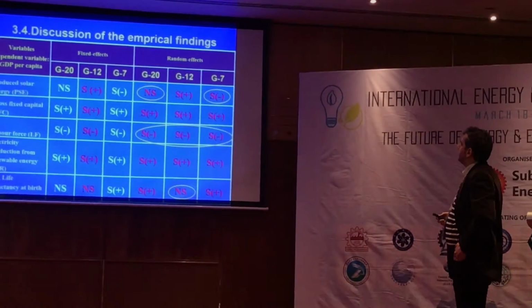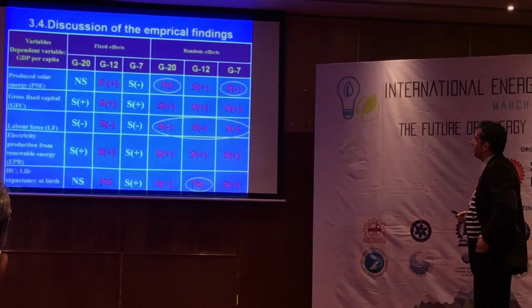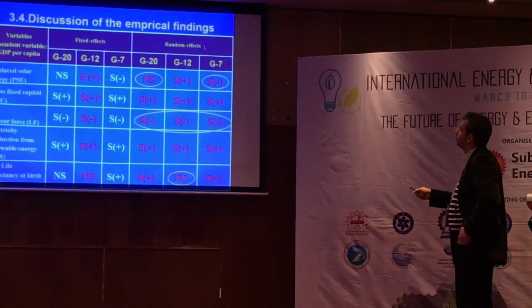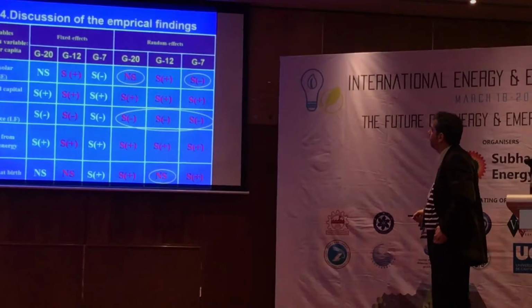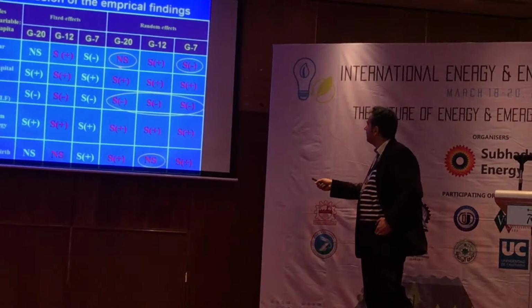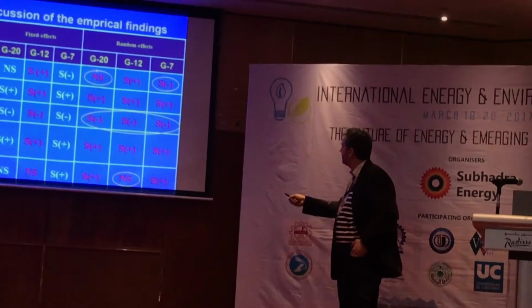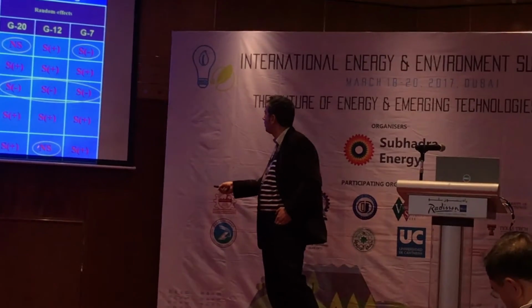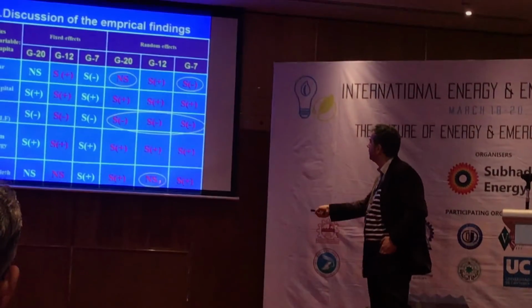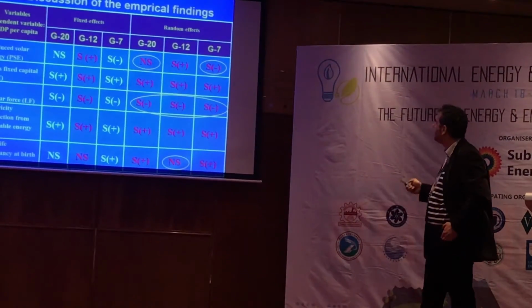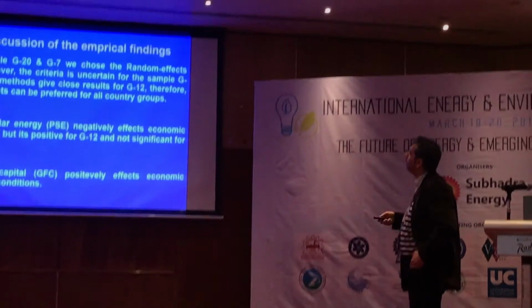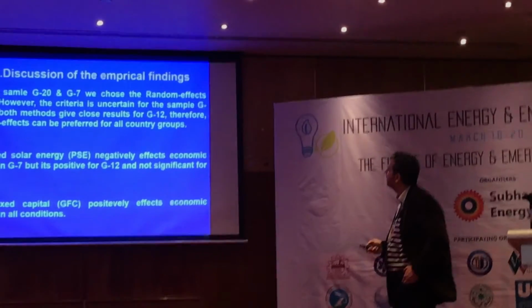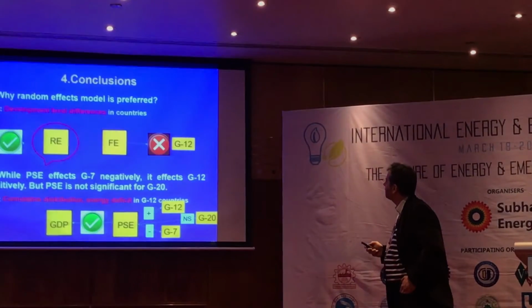So if we discuss the empirical findings, we should use a random effects model. It's much more appropriate, but produced solar energy is not significant, and also human capital is not significant for those groups of countries. And let us discuss all those things in a conclusion.